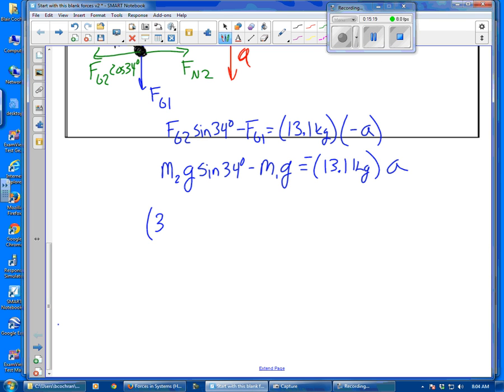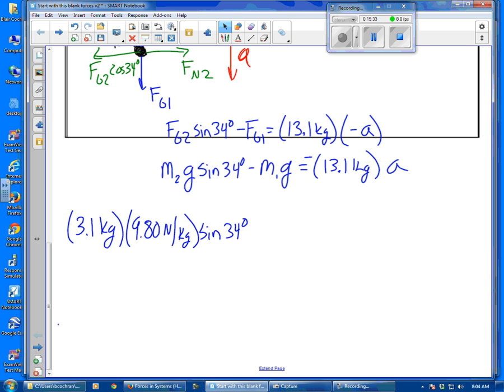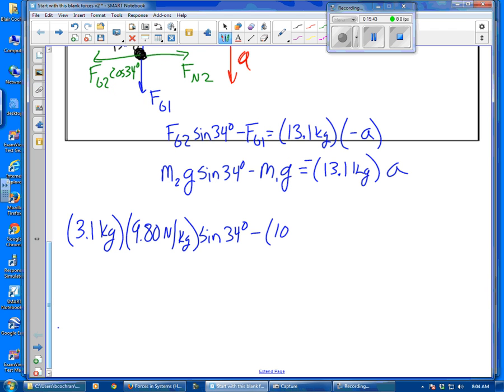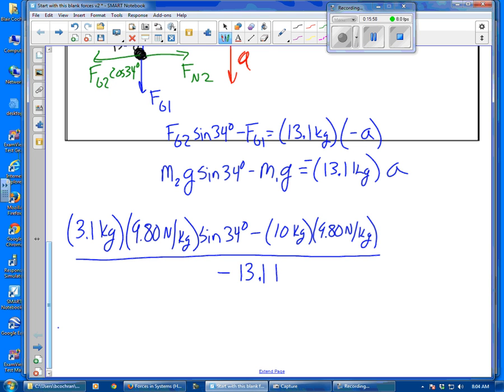So I have 3.1 kilograms times 9.80 newtons per kilogram, sine 34 degrees, minus 10 kilograms times 9.80 newtons per kilogram, that gravitational field strength, all over negative 13.1 kilograms equals A.